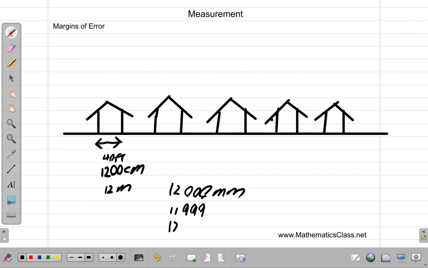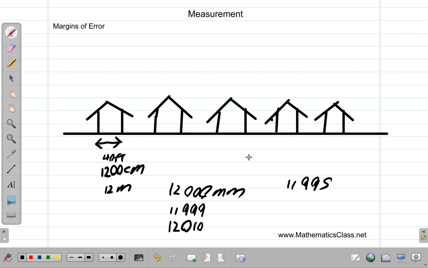Another one will be 12,010 millimeters. You will find another one, 11,995 millimeters, and so on. So there will be some error in terms of the width of these houses.